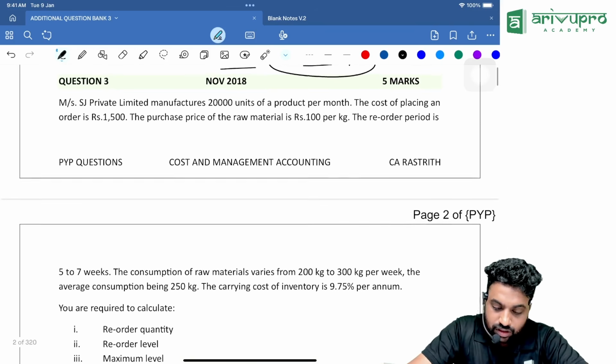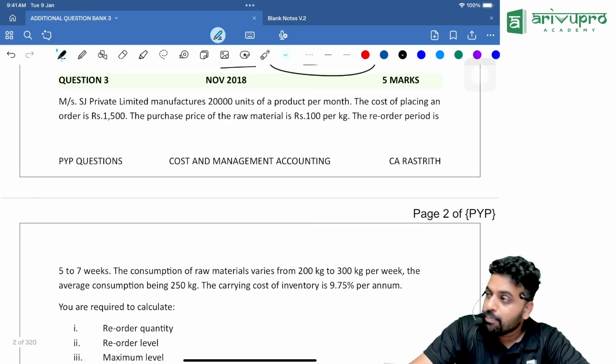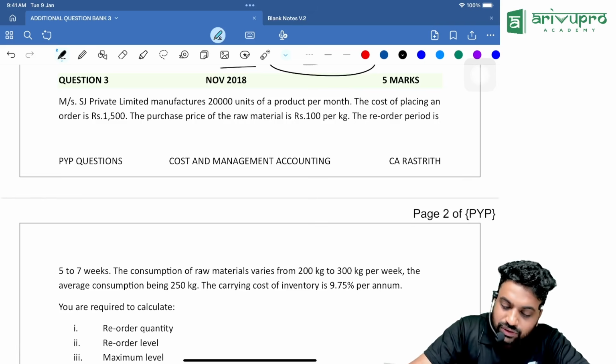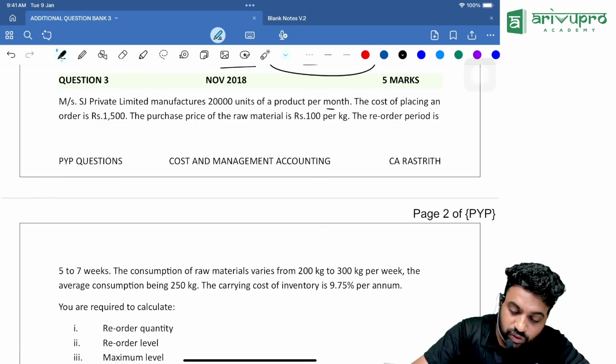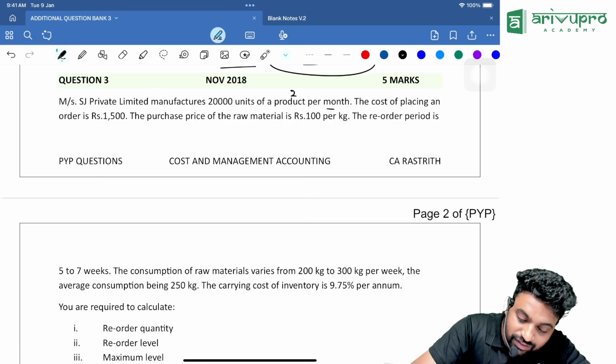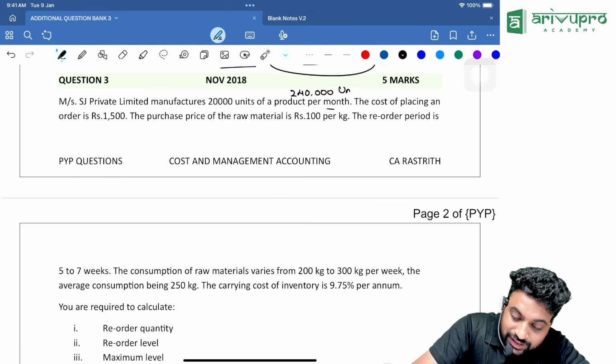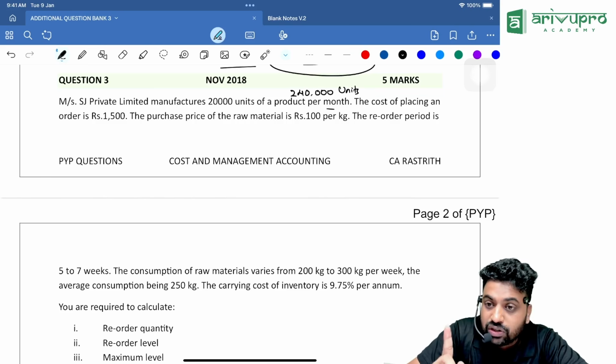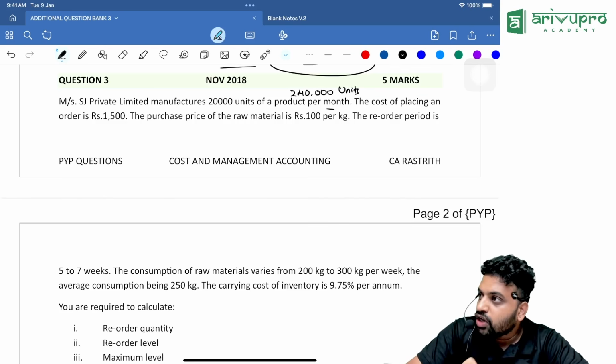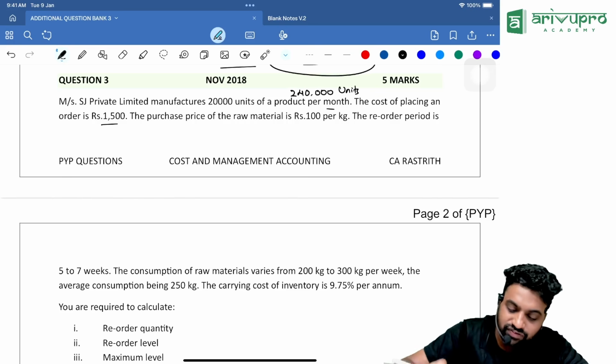Measure SJ Private Limited manufactures 20,000 units of product per month. So in a year, they will manufacture 2,40,000 units, and try to understand they are talking about finished product here. The cost of placing an order is 1,500.